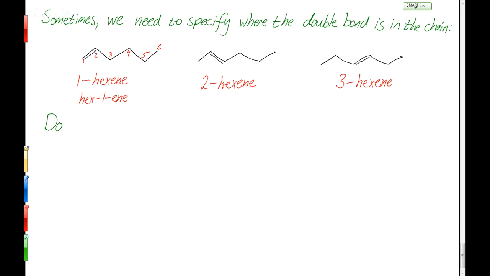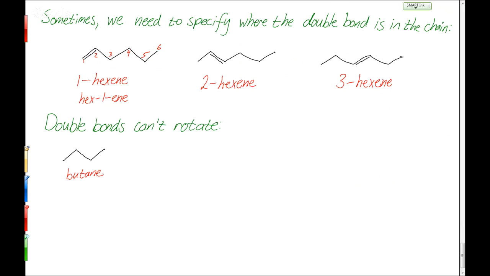Another aspect of double bonds that's a little bit different is that double bonds can't rotate. If we look at butane, just regular old butane, one of the things we did the first time we were drawing structures was trying to figure out which structures were isomers or which were the same.